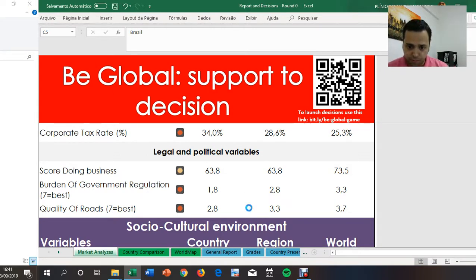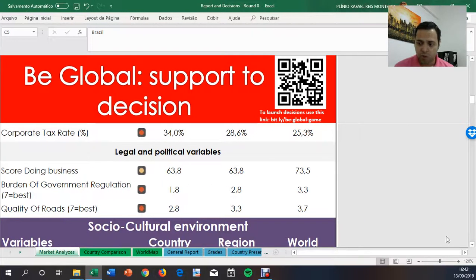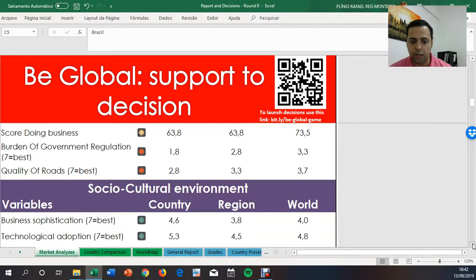So probably if you find a country with a lower burden of government regulation and also a better score on doing business, it will probably be easier for your company to operate in that country.